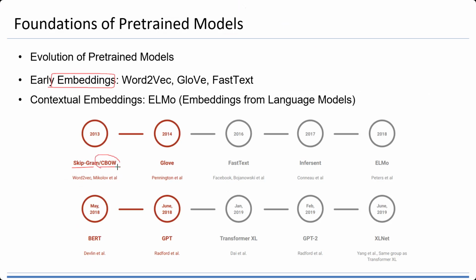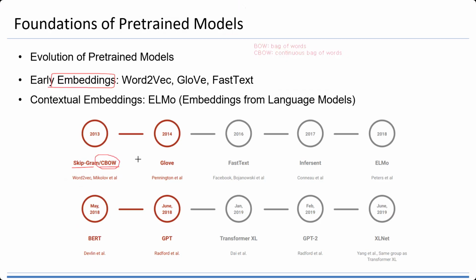Do you still remember what this is? BOW is bag of words, and CBOW is the continuous bag of words. We call continuous bag of words one of the embeddings.